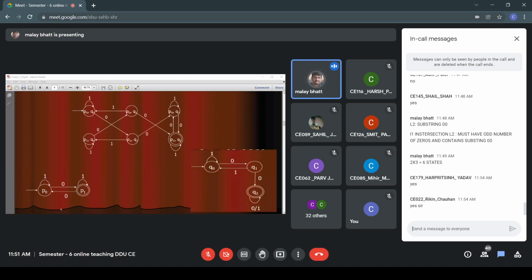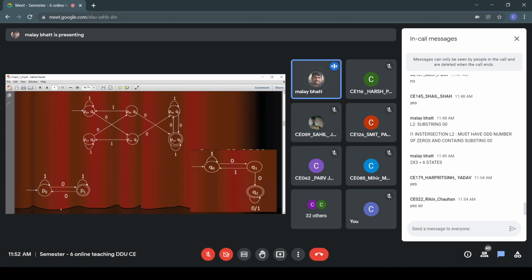From P1 on input 0, it is P0. Q1 on input 0 is Q2. So we are getting a new state P0 Q2, and this P0 Q2 is reachable from the initial state. Now from P1 Q1 on input 1, we are getting the P1 Q0 state.